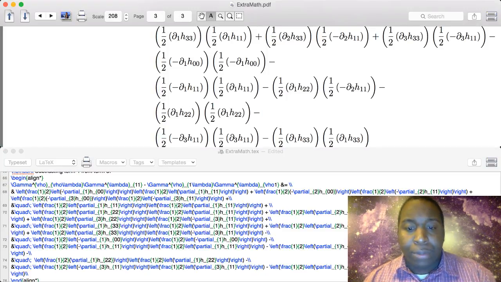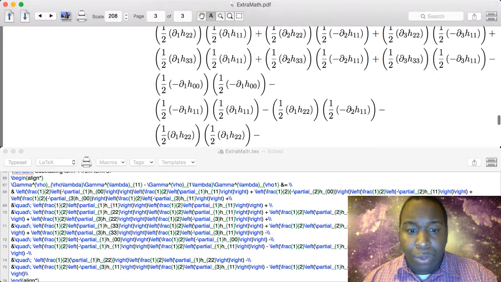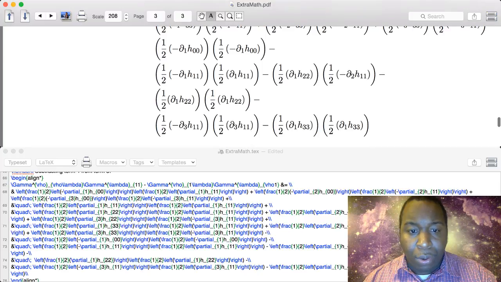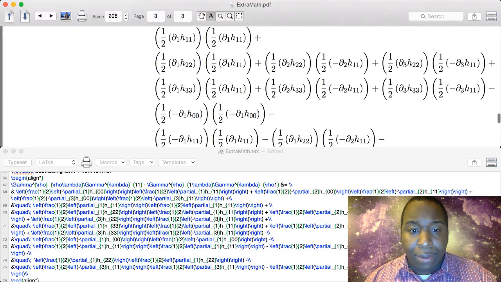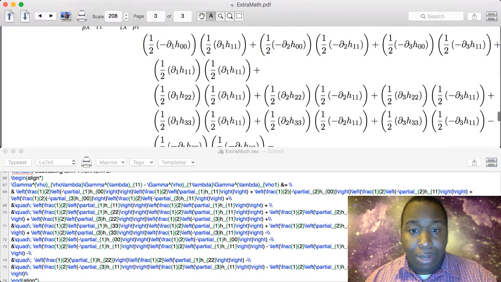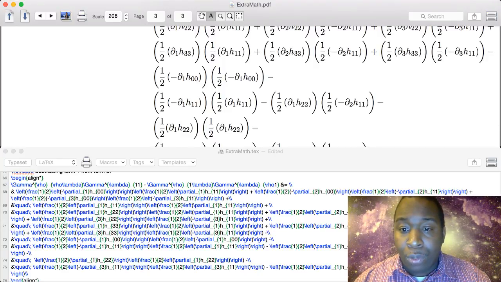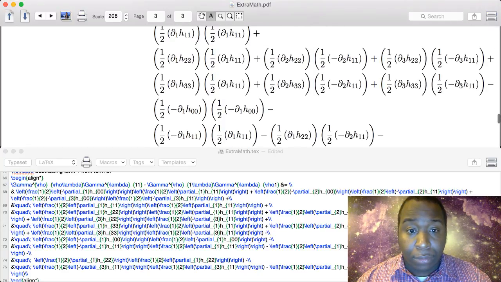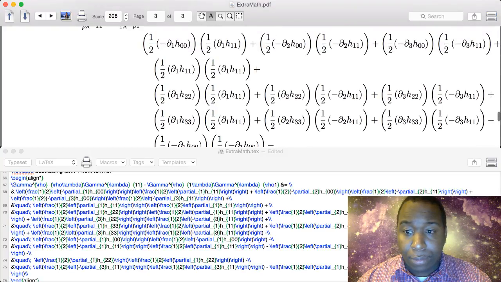And it goes. 122, is that unique? That's a unique element, so we leave it alone. 122, 211. I think that's good as well.